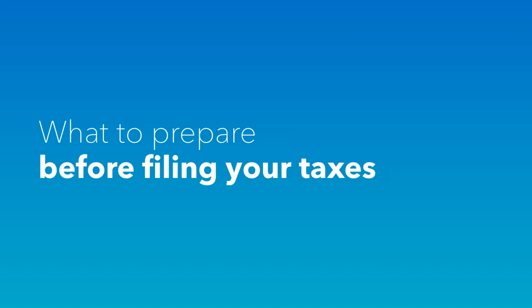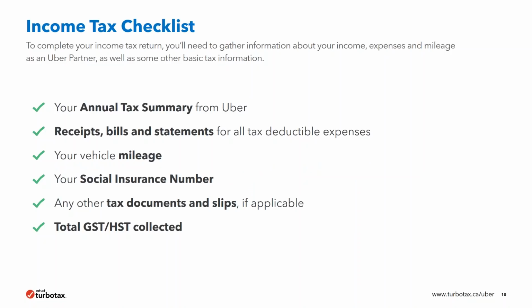What to prepare before filing your taxes. There's a few things you're going to need, of course, in order to be able to file your return. Number 1 is your annual tax summary from Uber. Number 2 are all the receipts, bills, statements, and everything for all your tax-deductible expenses. So gas receipts, insurance receipts, if you've had any car repairs, all of those, get them all ready to go.